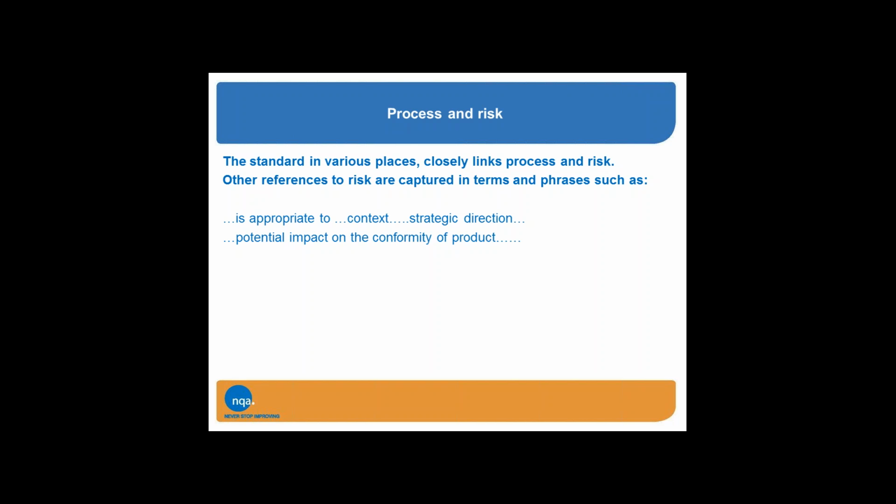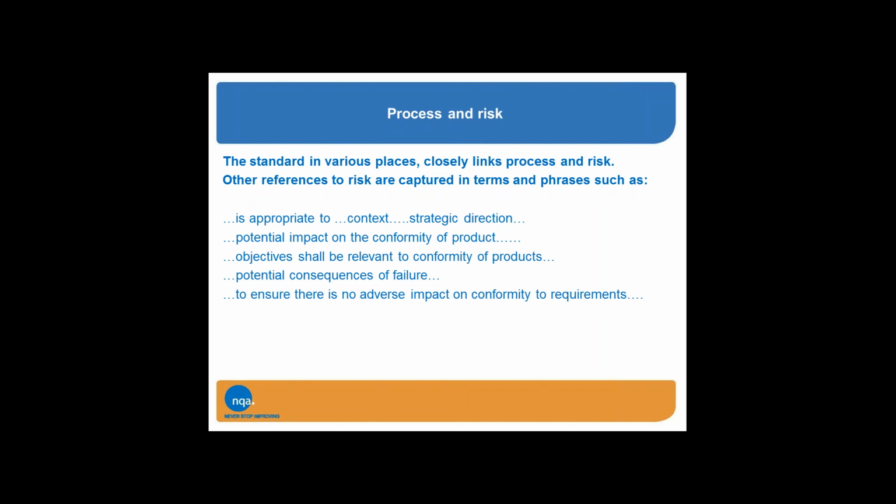That's risk. That's a risk-based approach. That's thinking about risk, potential impact. Objectives need to be relevant to the conformity of products. Again, that relevance is a way of thinking about risk. Potential consequences of failure. There's a very clear expression of thinking about risk. And ensuring there's no adverse impact on conformity. Another way of stating risk.